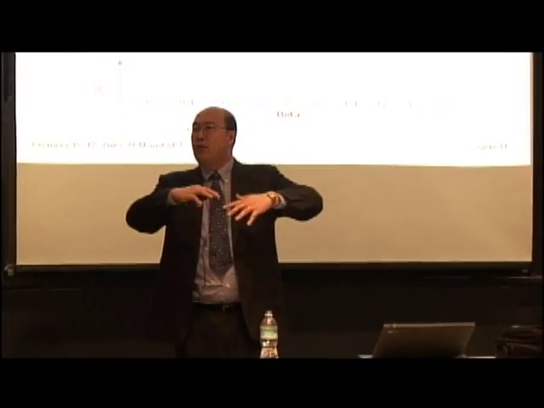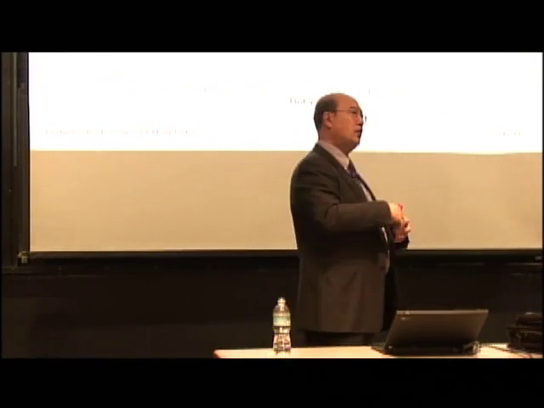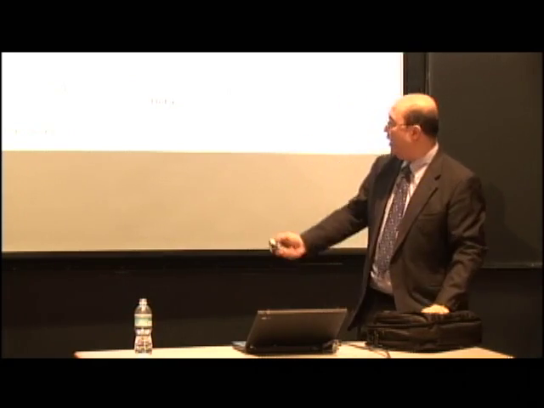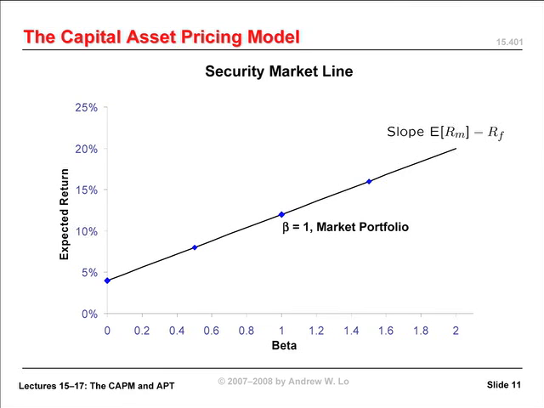But what this framework tells you is that even if you cannot forecast markets, even if you don't know what's going to happen next year to stock prices, you should still do as well as what this line suggests that you can do. Okay? On average, this line should be achievable by everybody that understands the basics of portfolio theory.